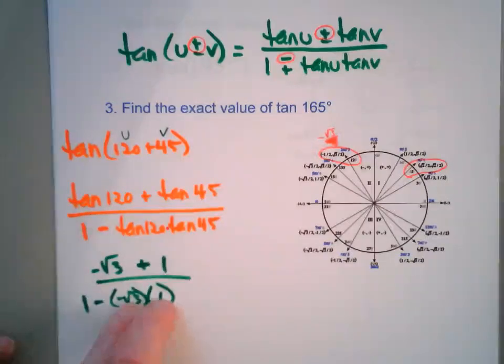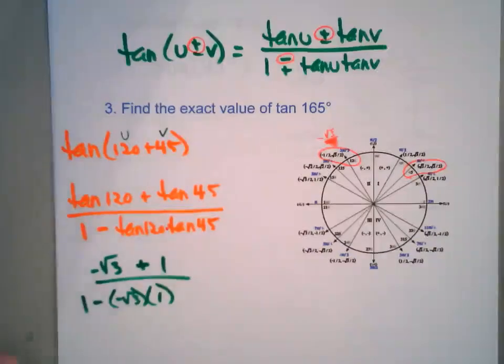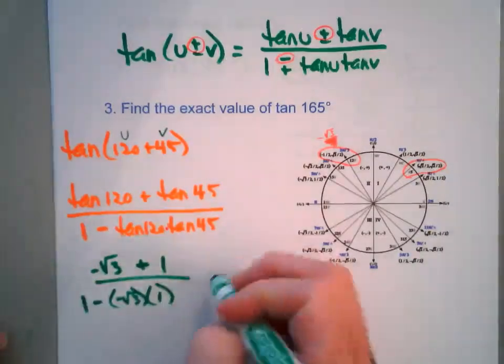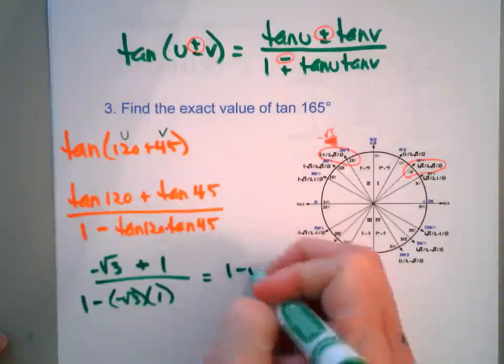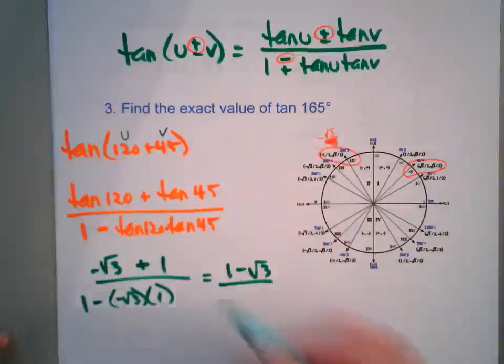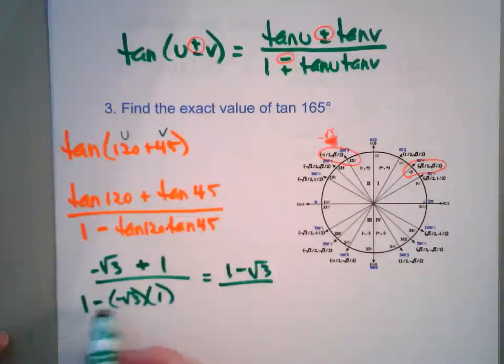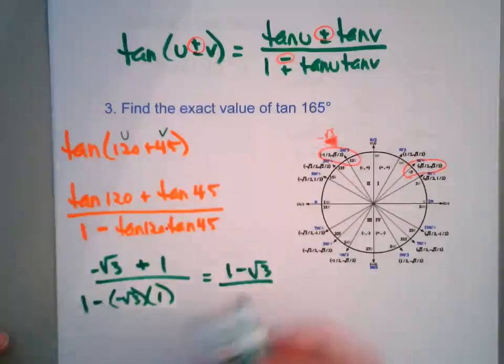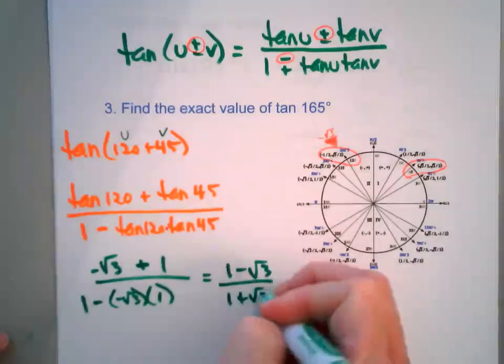And then it's just a matter of adding and kind of getting this set up. Let's get this in standard form. So these two are going to switch. So this is going to become 1 minus square root of 3 all over. Now on the bottom, you get a double negative. So that becomes positive 1 plus square root of 3.